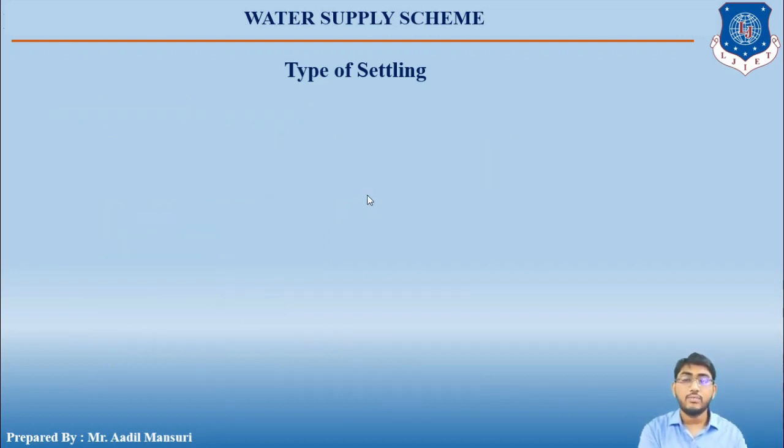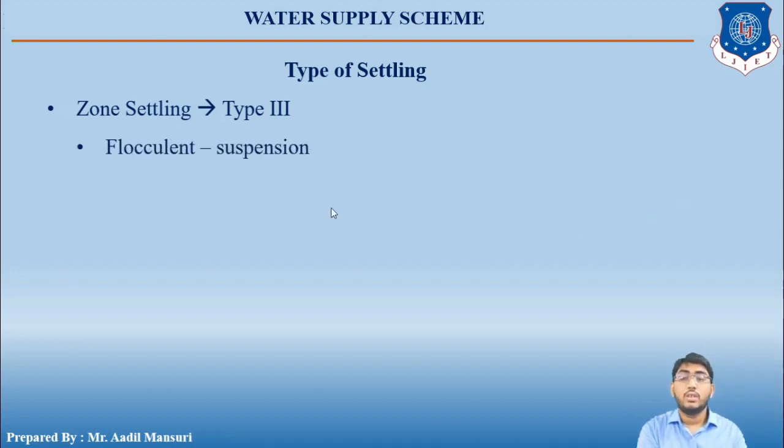Let us now have a look at the third type of settling, known as zone settling. This process mostly occurs after addition of the coagulants. Zone settling refers to flocculant suspension of intermediate concentration, where interparticle forces hold the particles together and the mass of the particles subsides as a whole.